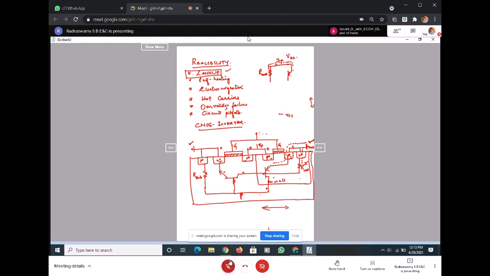Yes, and this is my P type. This is N, and I have one more P. And this R well is connected to an N type. And then this is N. This is my P, and this is N, and that is going.